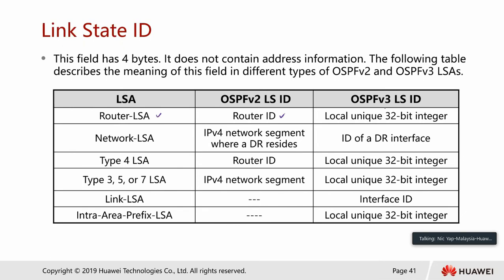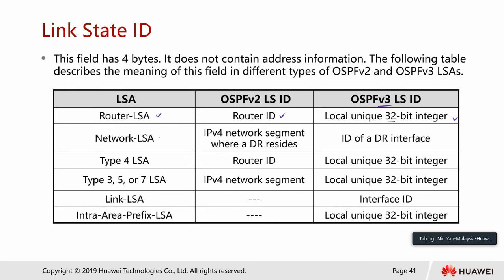But for OSPFv3, they use a locally unique 32-bit integer. They just generate a unique number, a unique 32-bit integer, to represent this router LSA. They are not using the router ID, they're using a special unique 32-bit integer as the link state ID.